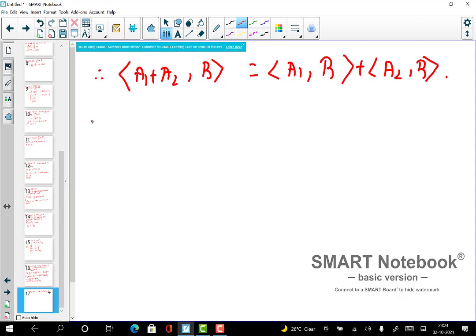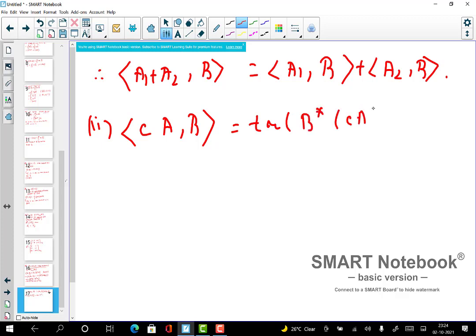Now property number two is also very simple. It is the trace of B star times the matrix C, right? Now C is a constant term, okay? And when you multiply a constant with the trace of any matrix, it comes out.